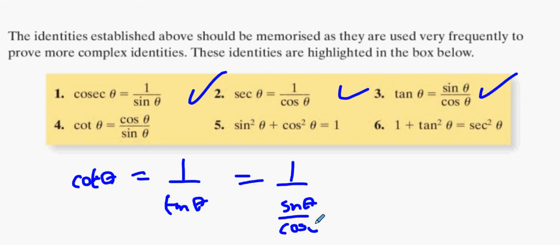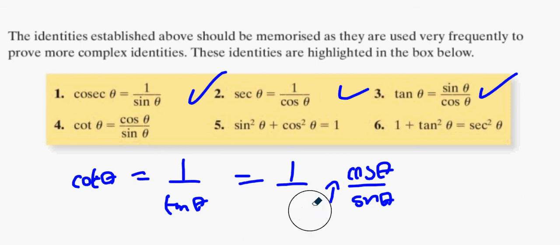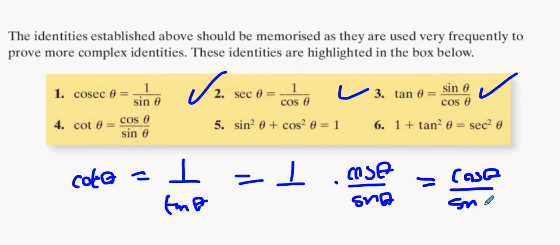Remember what I always say, if there's a fraction on the bottom, bring it to the top, turn it upside down, like so. And now you can see that cotan theta is actually equal to cos theta over sine theta. We've done that, proven that, and we've proven that. So we've done all 6 of them. Now we can move on.